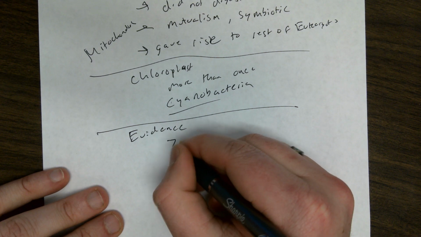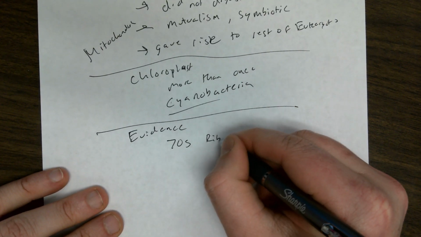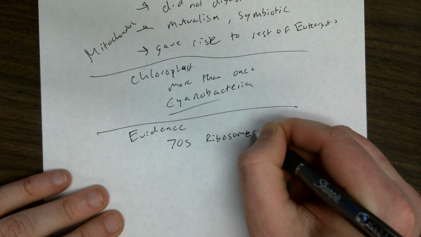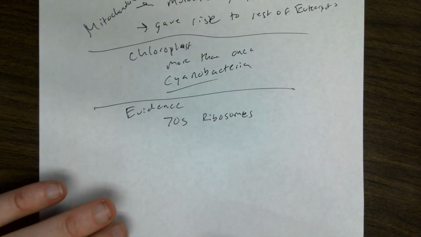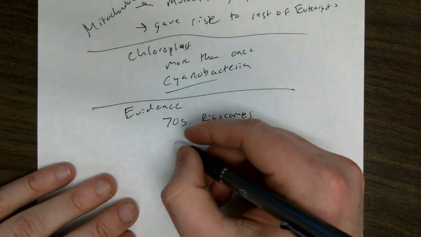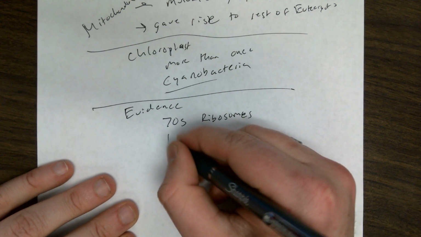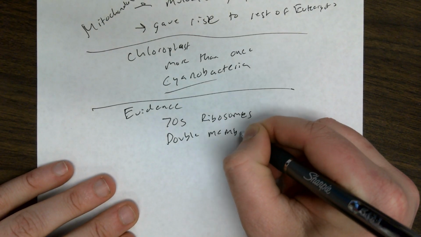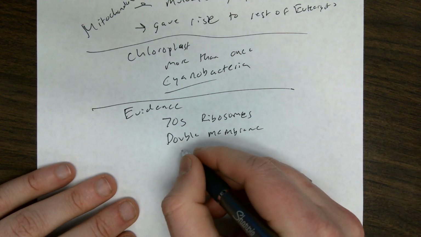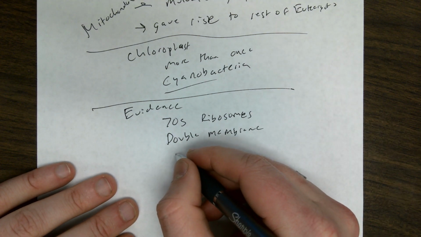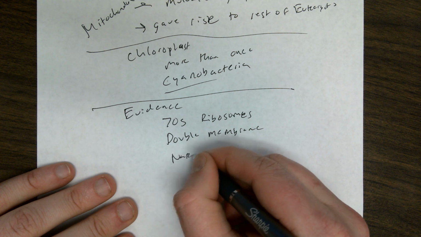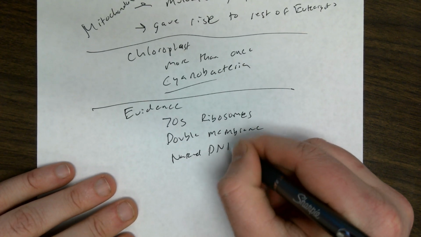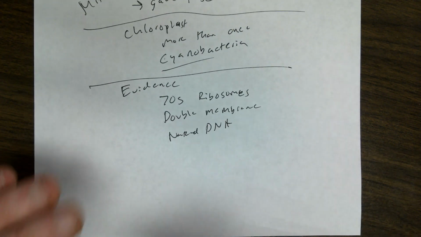They both have 70S ribosomes. Everywhere else in your cell you find 80S ribosomes, except inside the mitochondria and the chloroplast. They have a double membrane, one being the vesicle, the other being the membrane of the prokaryote. They have naked DNA, and it's circular, just like prokaryotes, and they have their own DNA, so it's double evidence.